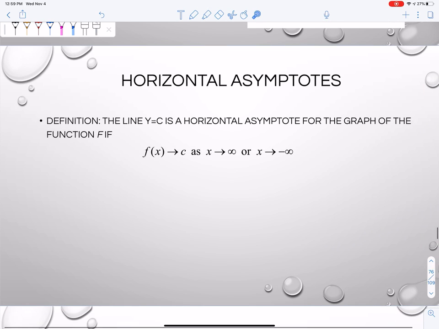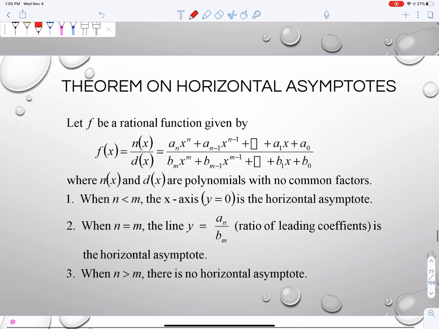Okay, so again, horizontal asymptote: my function approaches some y value c as the x values approach either infinitely large or infinitely small values. So we have a theorem on horizontal asymptotes, and it is the following.